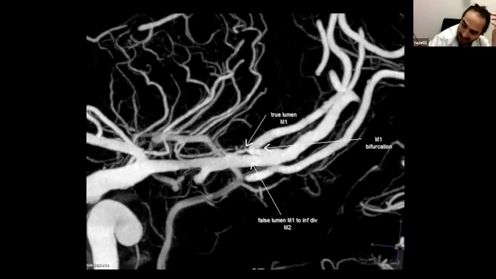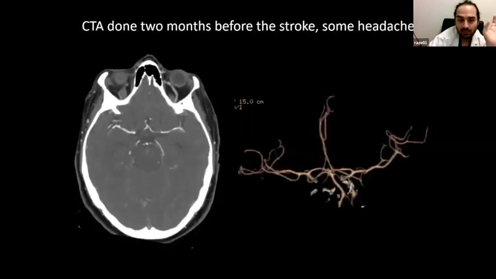What became very interesting about this case is that there is now good filling, but the good filling seems to be mostly from a false lumen that fills the MCA distally, while the true lumen seems to be this small thing that remains very small. Now, interestingly, for this patient, we found a CTA that was done before all the events, around 2 months before the first event. So we have a very good sense of how her vessels were looking when she was normal.